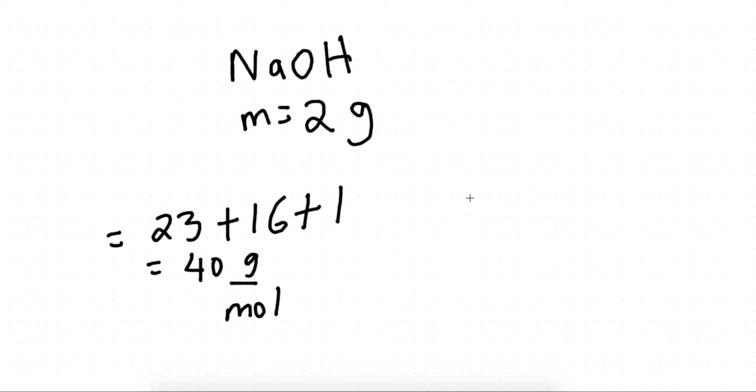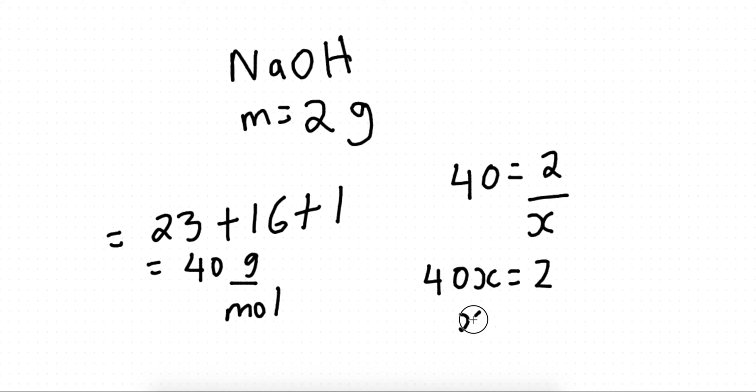Molar mass equals mass over mole. So 40 equals 2 over x, the number of moles. So to find number of moles, 40x equals 2 and x equals 2 over 40. 2 over 40 equals 0.05 mole. And now you found the number of moles.